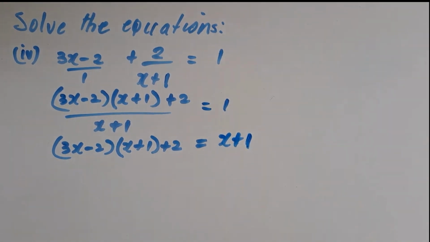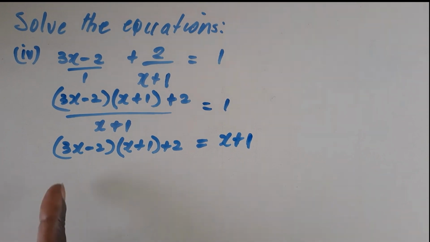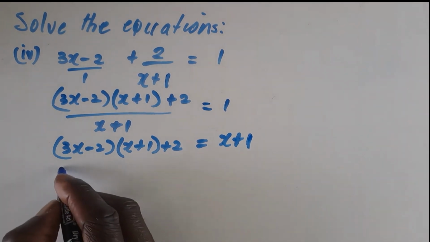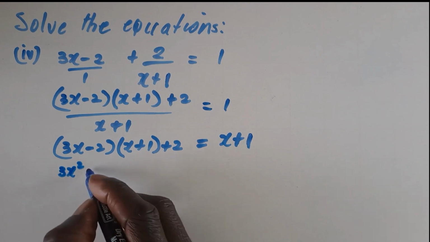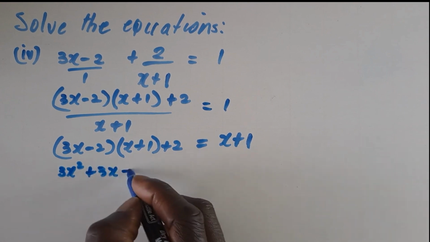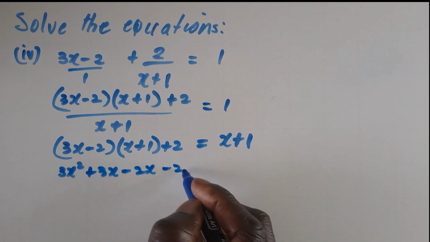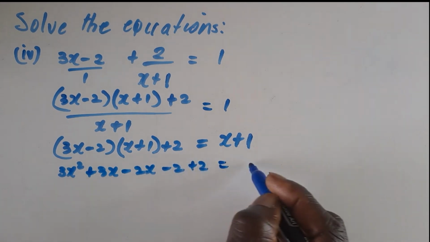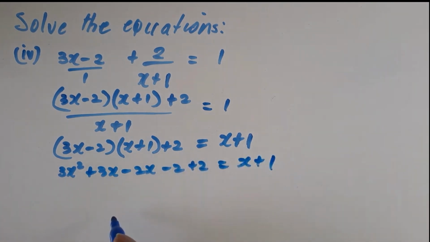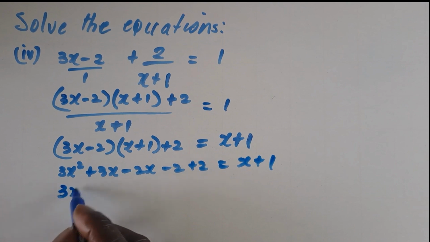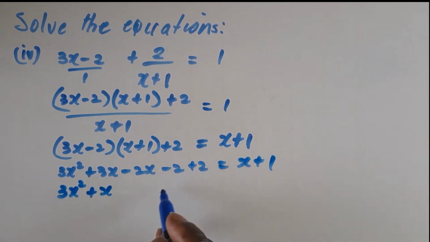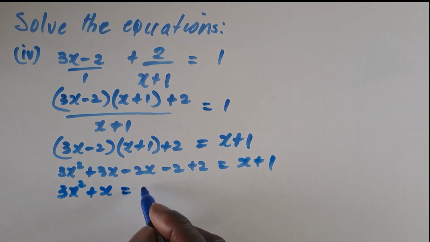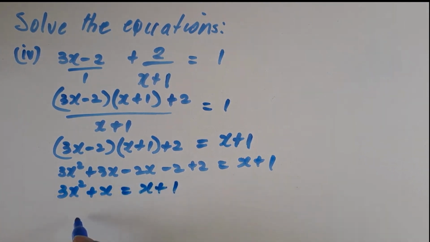Now we can simplify and then see how we go about solving this. So we clear the brackets, we have 3x squared add 3x minus 2x minus 2, add 2 is equal to x add 1. And this gives us x, this is 0, equal to x add 1.